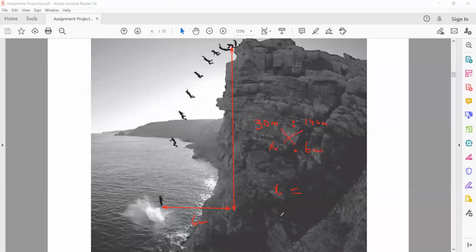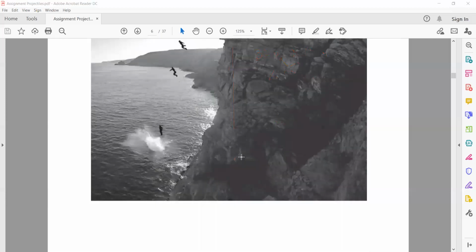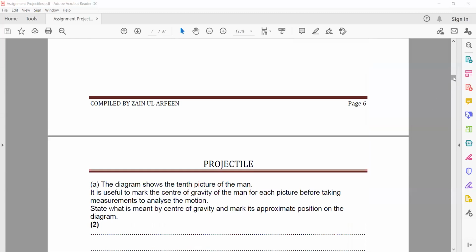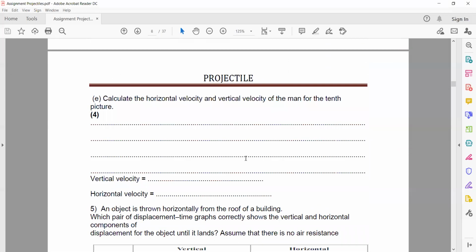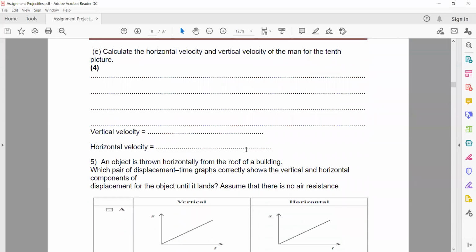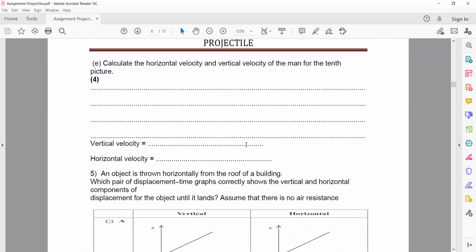Is it clear? Discussion related to projectile. So using a scale diagram, actual scales, you should be able to calculate horizontal and vertical distance.